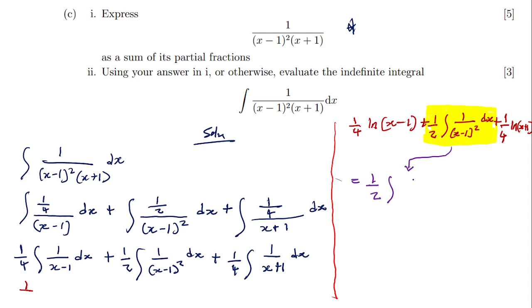Using the substitution method, let u be equal to x minus 1. Then I'm going to find du/dx, and this du/dx will simply be equal to 1. When I cross multiply, du will simply be equal to dx. And this one I'll make my equation 1.